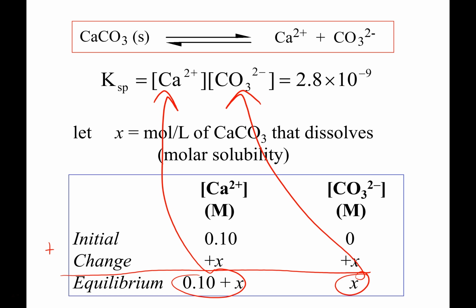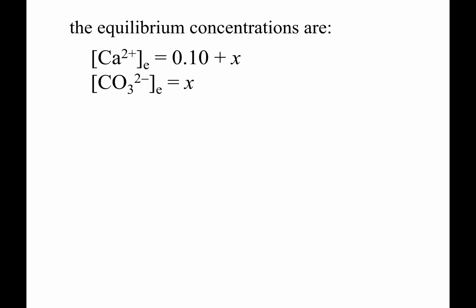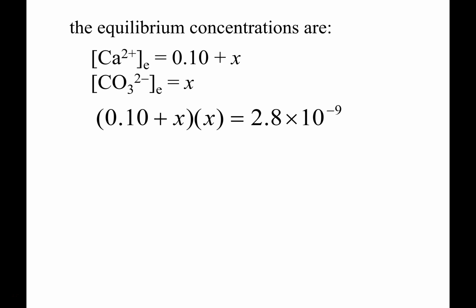And you're going to end up with a polynomial. But wait, there's good news. So this is what we end up with: 0.1 plus x, times x, is equal to 2.8 times 10 to the minus 9.